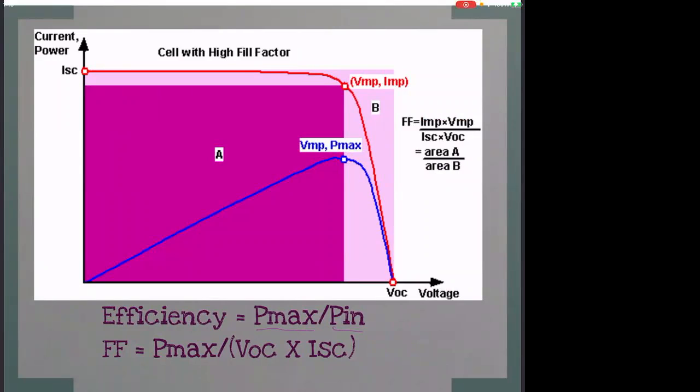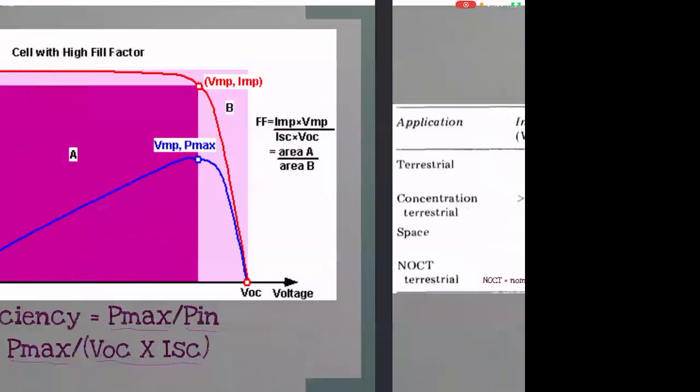And the fill factor is simply the maximum output power divided by the area of the square, VOC times ISC. This is simply the power curve. We've seen this power curve has a peak value, which is the optimum operating condition.